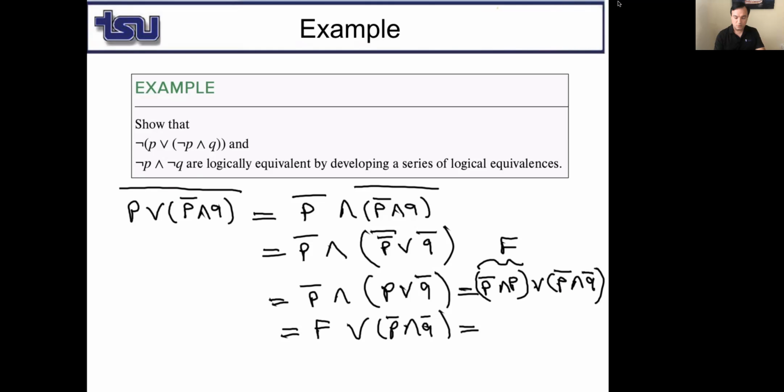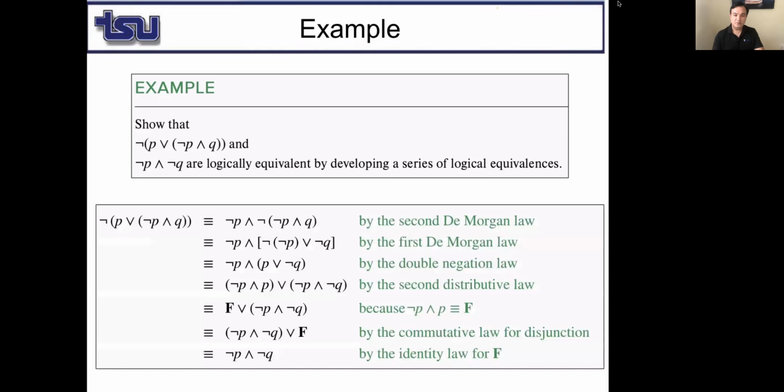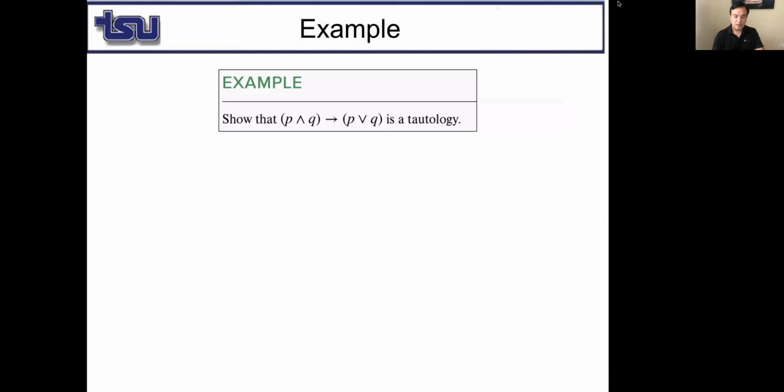And this is equal to false or something is that something, P naught and Q naught. As you see, this statement right here is equivalent to this statement right there, okay? And here we can do it step by step. Okay, and we can do this in different ways.